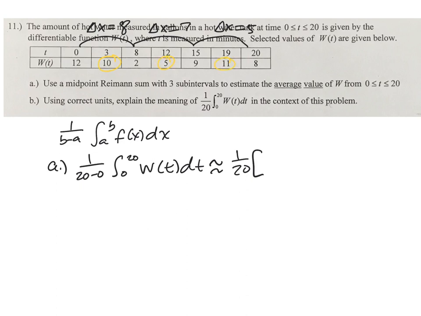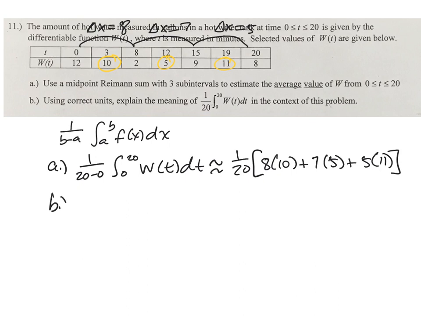And so we're going to take 1/20 of, we'll first take 8 times the middle y value, which is 10, plus the next rectangle has a width of 7 and a height of 5, and then plus the last rectangle has a width of 5 and a height of 11. Okay, so that is an estimate of the average value.